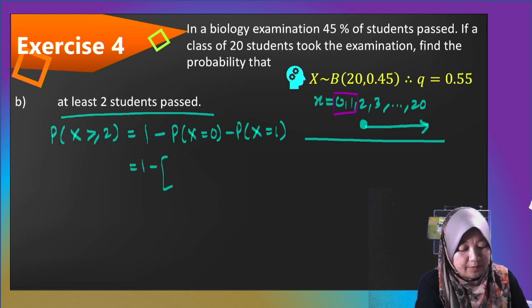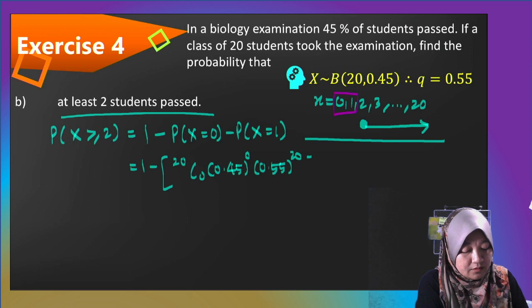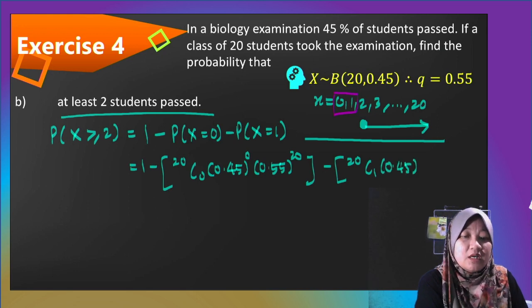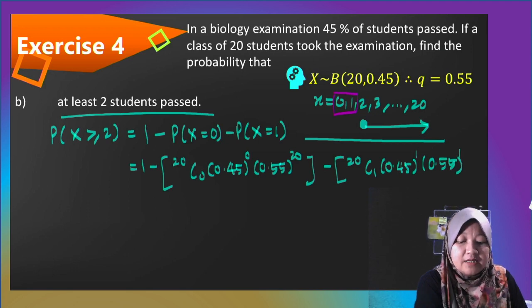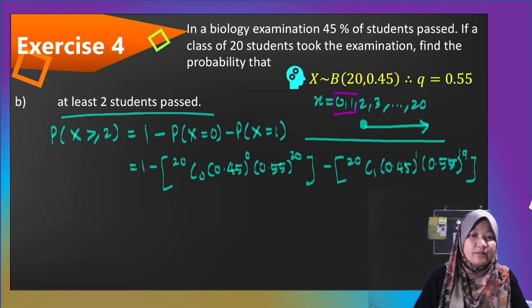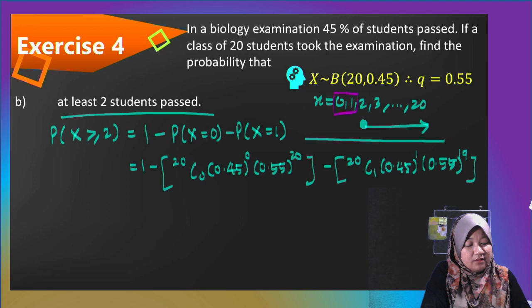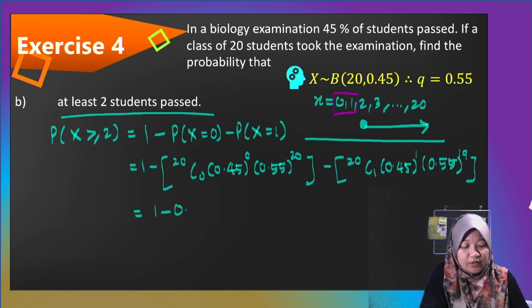So use the formula 20C0, 0.45 power of 0, 0.55 power of 20, minus 20C1, 0.45 power of 1, 0.55 power of 19. 1, 19, 20 minus 1. So, 1 minus 0.0001, we have 0.9999.